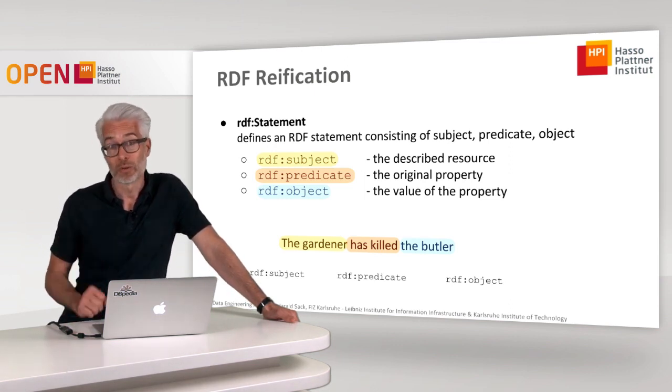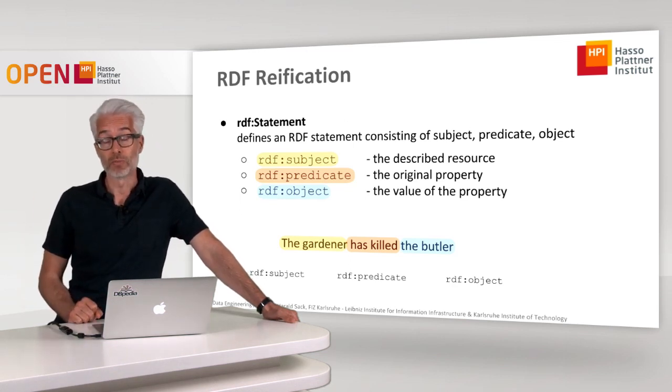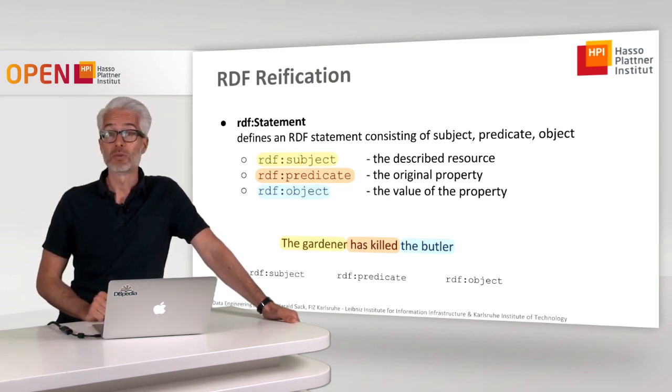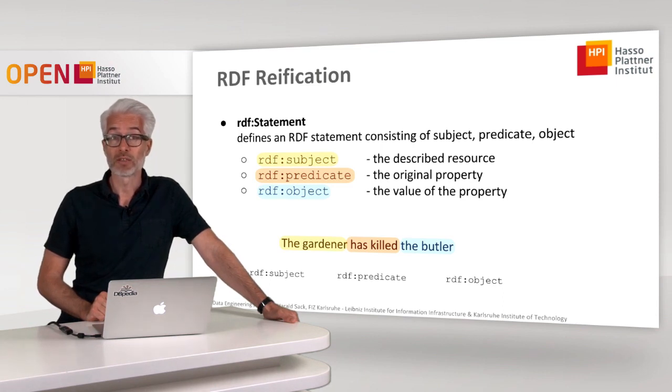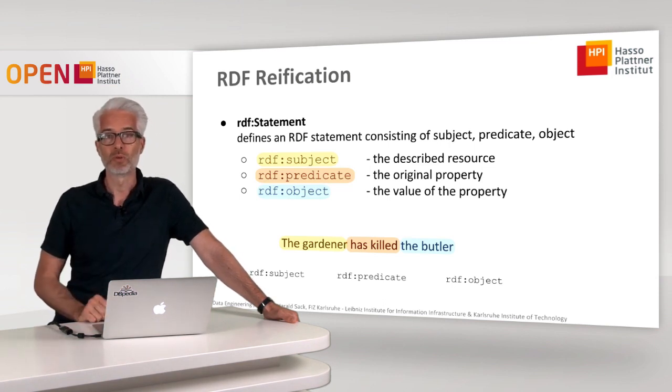Note here we are usually referring to properties and not to predicates. But the keyword in RDF is predicate, simply because there also exists a keyword which is called RDF property, and this is required for the definition of RDF properties in RDFS. So therefore in this statement it's referred to as predicate.